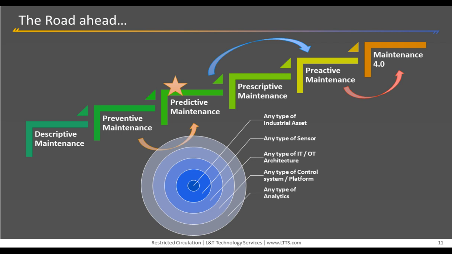However, the expectation from any specific customer continues to be: I have any type of industrial asset, it may have any type of sensor, and I may have already invested in various IT and OT architecture, so will I be able to sustain and have the same type of digitalization?